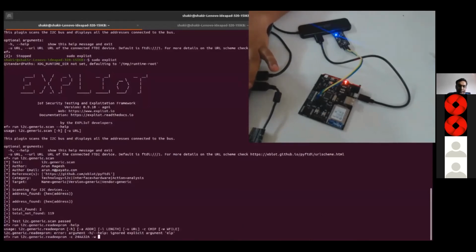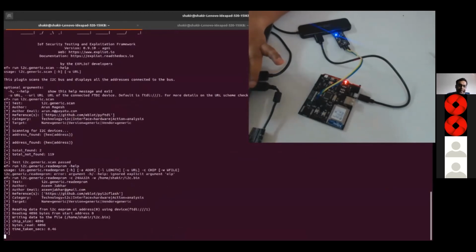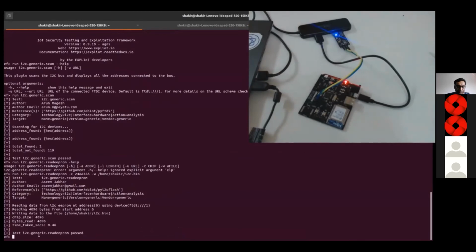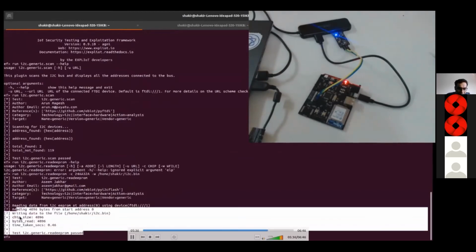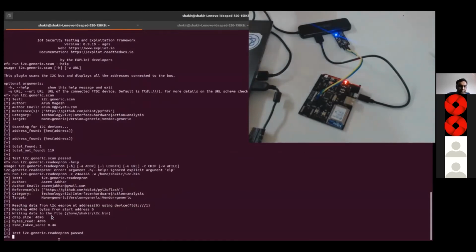What he's doing is reading from this particular chip and writing whatever binaries are there into his desktop folder. So we save it as binary data. We can read all the information about this particular chip, size, byte size, those kinds of things.